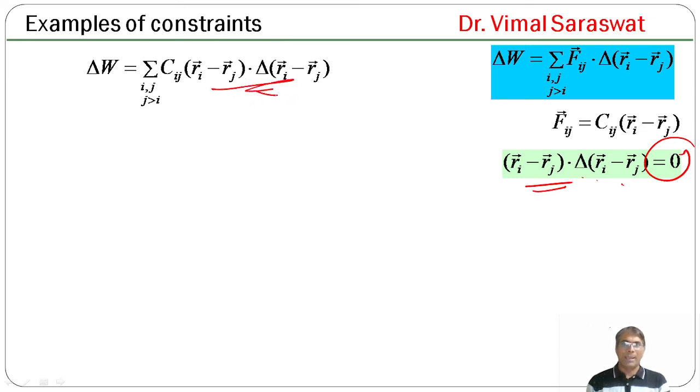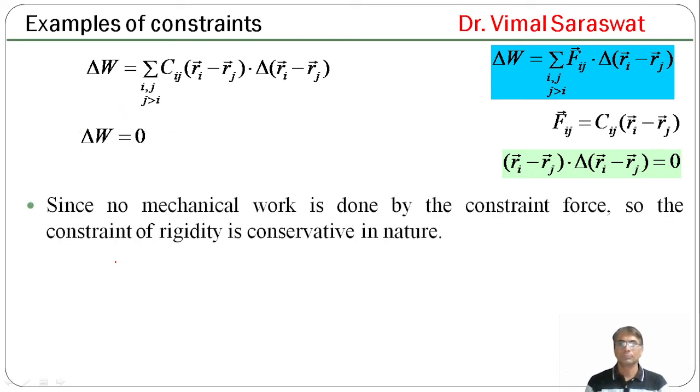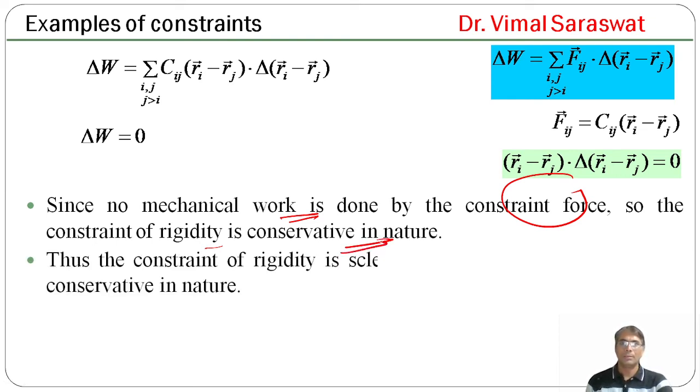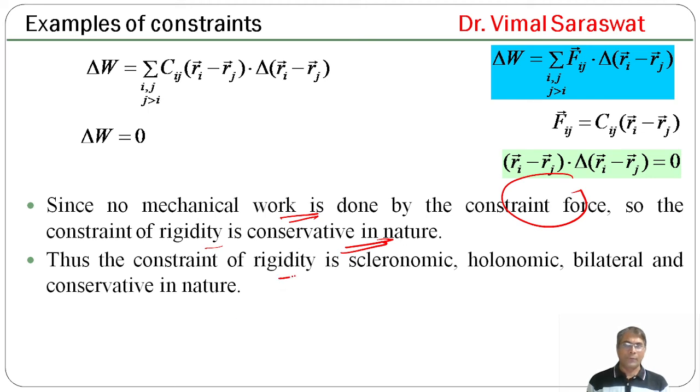So, this will be 0, and therefore del W equal to 0. It means no work is done by constraint force, and such constraint is known as conservative constraint. Since no mechanical work is done by constraint force, the constraint of rigidity is conservative in nature. Thus, the constraint of rigidity is scleronomic, holonomic, bilateral, and conservative in nature.